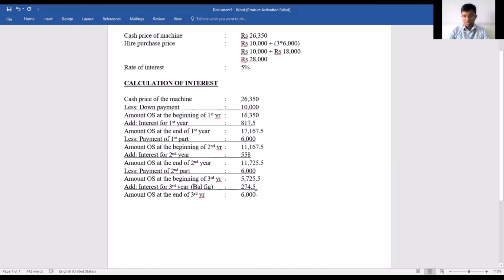I just have to take the difference between 6,000 and the amount outstanding at the beginning of third year, and that will give me this 12.